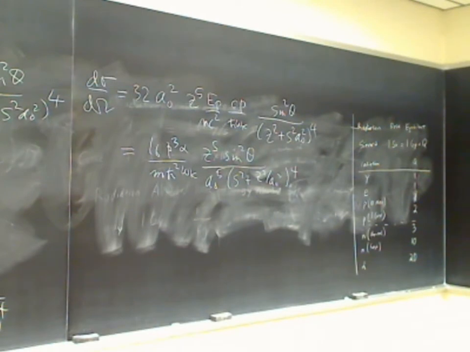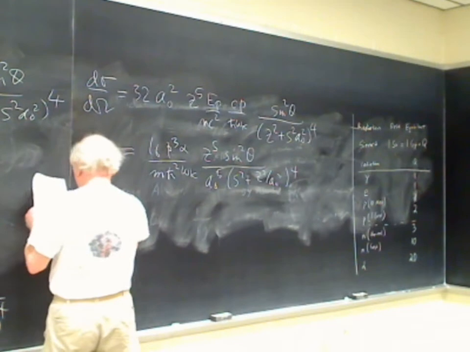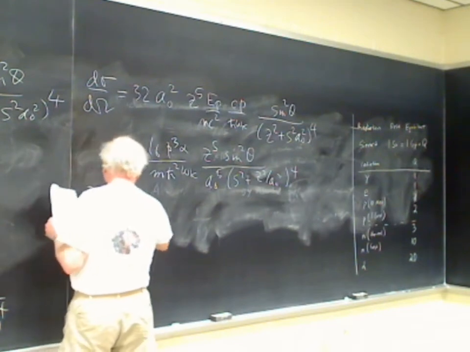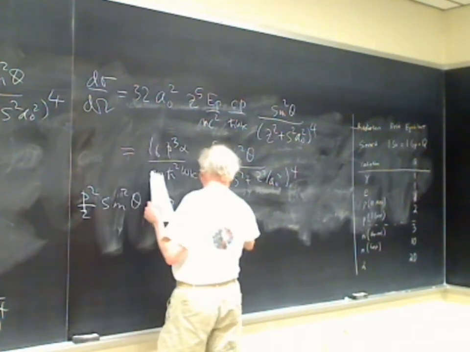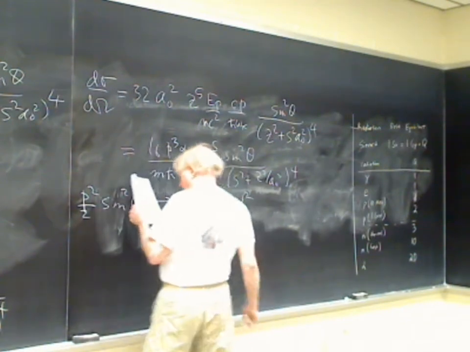Suppose the photon beam is polarized. And let's suppose that the polarization vector is epsilon 1, which we choose to point in the x direction. So if the initial photon is polarized in the x direction, then we have to substitute p squared over 2 sine squared theta by p dot epsilon r of k squared.